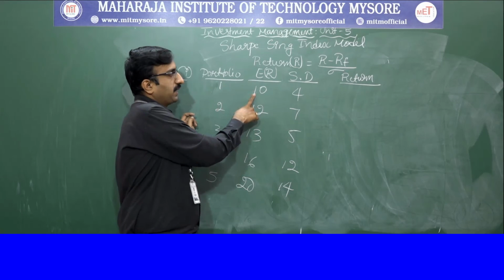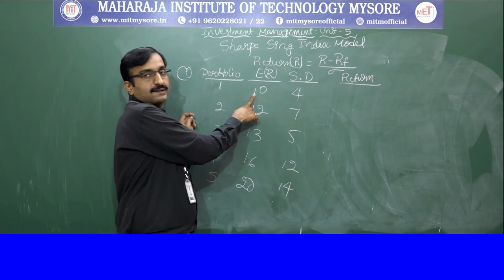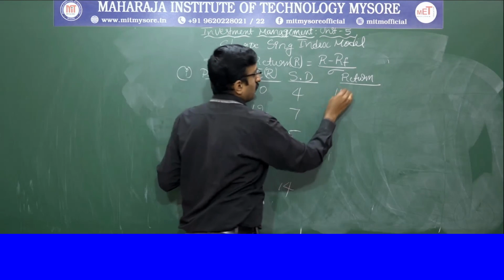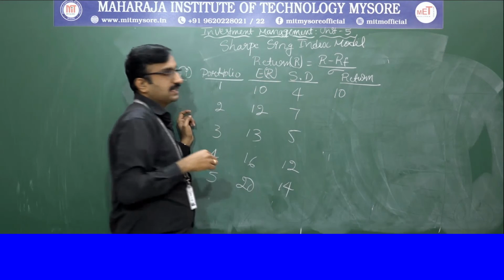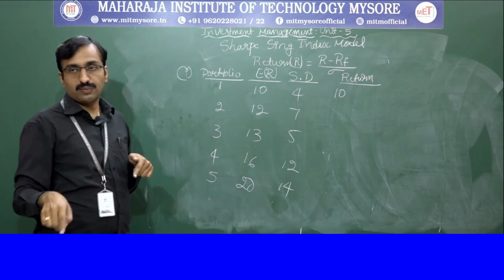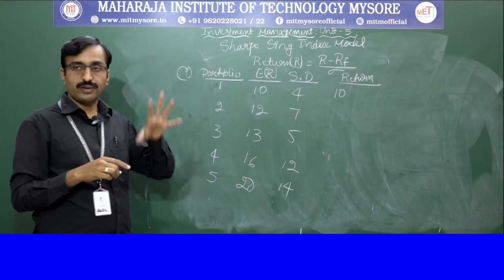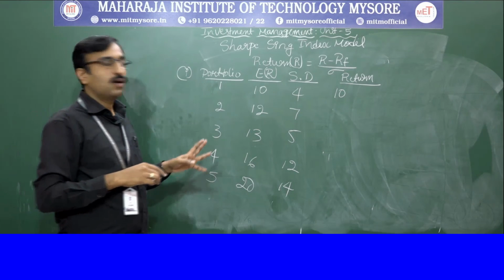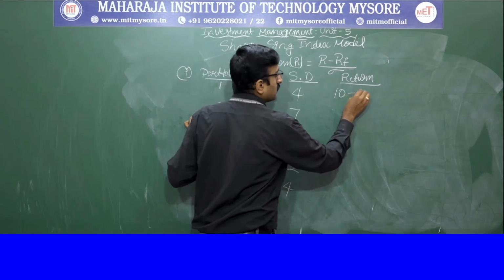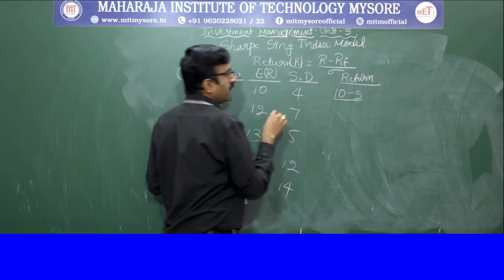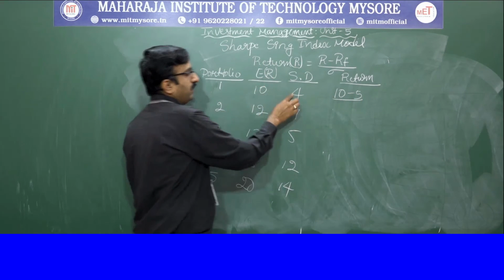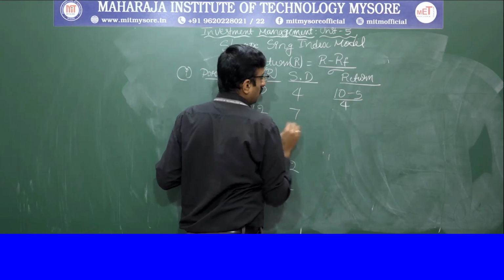Take R is equal to the expected return, that is 10. Then RF, the risk-free rate of return, they have given in the problem. Risk-free treasury bills represent the risk-free return only. It is 5. So 10 minus 5 divided by the standard deviation, which is 4.